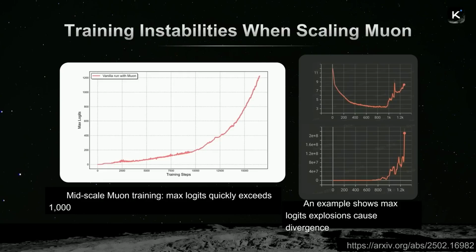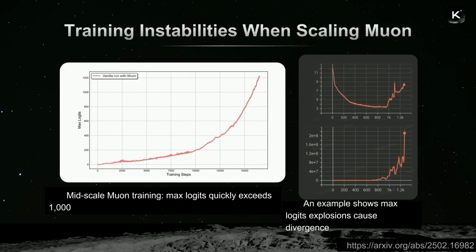When we tried to scale Muon to a 1 trillion parameter model, we encountered a new issue: training instability. As you can see in the left figure, we observed that the max logits quickly explode and exceed 1,000. The typical values for max logits in training are about 50 or maybe less than 100.